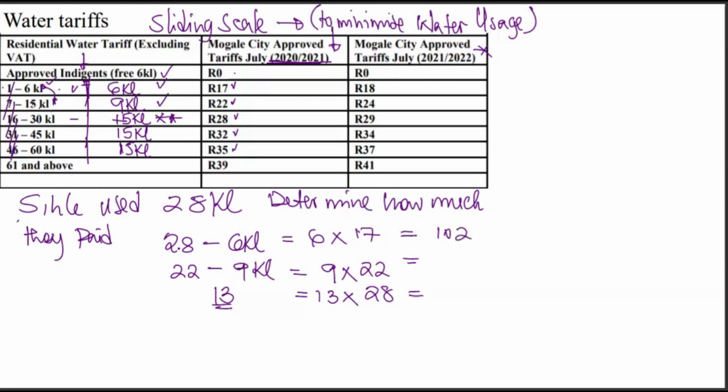Then 9 times 22, we have 198. Then 13 times 28, where we have 364. We add them up and we get the answer.